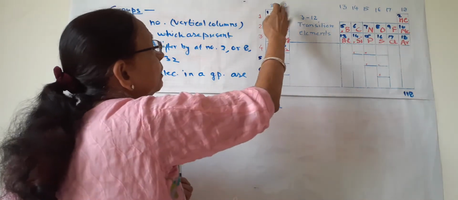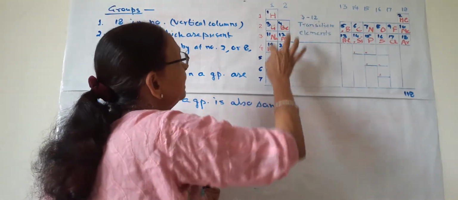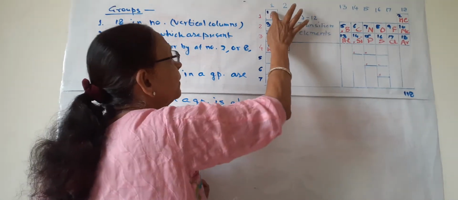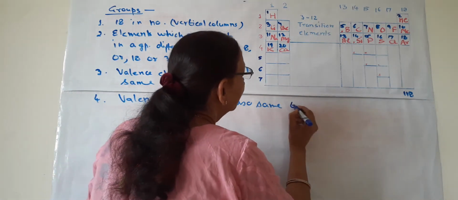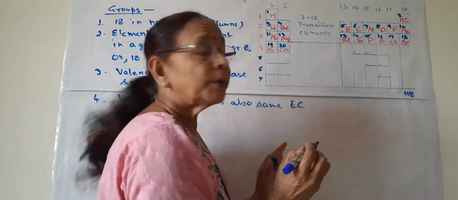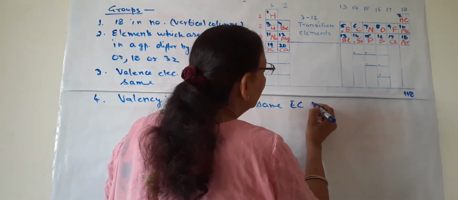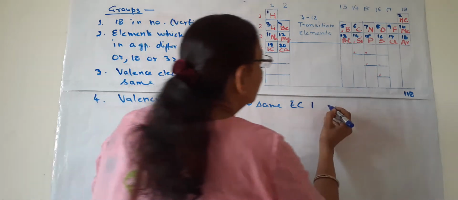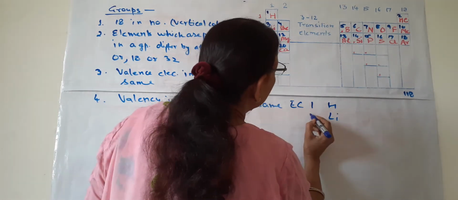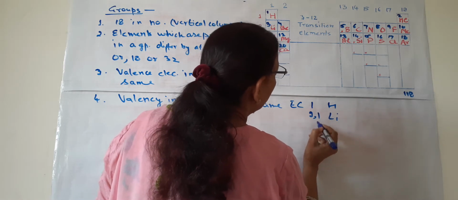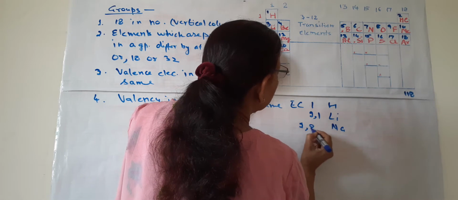So if we take this hydrogen also, then in the first group we have hydrogen, lithium, sodium and potassium. I am writing the short notation of the electronic configurations of these. Hydrogen has only one electron. For lithium, atomic number 3, it is 2, 1. After this, sodium, atomic number 11, is 2, 8, 1.